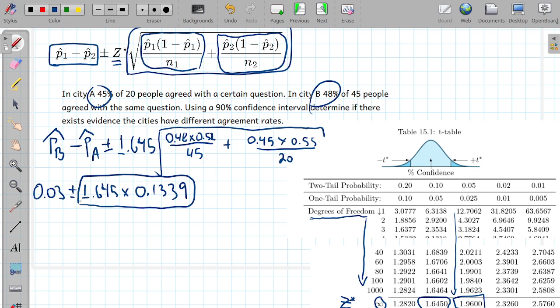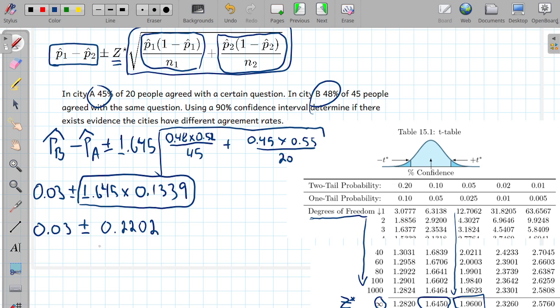So let's multiply now by 1.645, and we get this. So here's our 0.03, and our margin of error is a very large 0.2202, or 22.02 percentage points. That's a very large margin of error, but not a surprisingly large one because the sample sizes are very small comparatively. So there's not a surprise there.